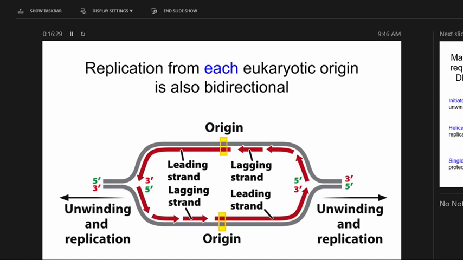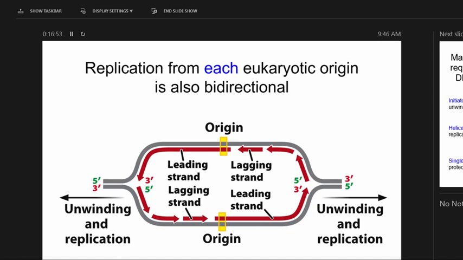But on the other strand up here, because this synthesis is going right to left, you can make a piece that goes this way, but it's going to hit that end and stop. Then you have to wait until a little bit more DNA unwinds and make another piece, another Okazaki fragment. Then more has to unwind.